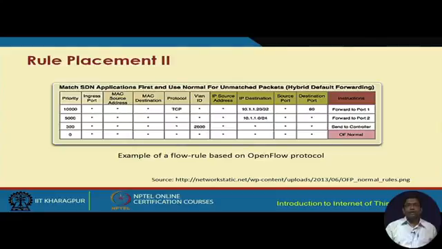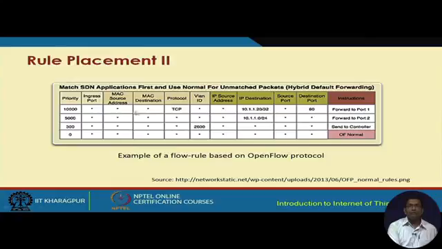Here, in this slide, we see an example of a flow rule based on the OpenFlow protocol. Essentially, if a packet arrives, it will check the priority. If the priority matches, a star means that it does not require any match.